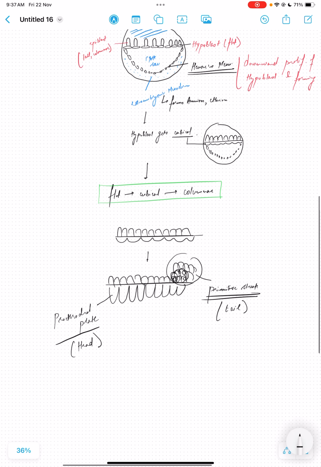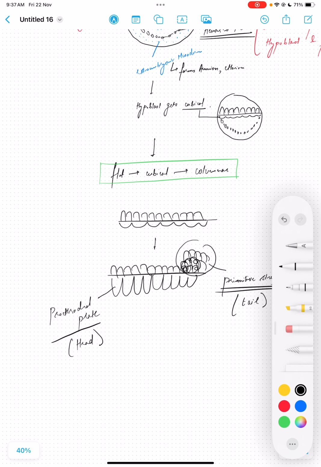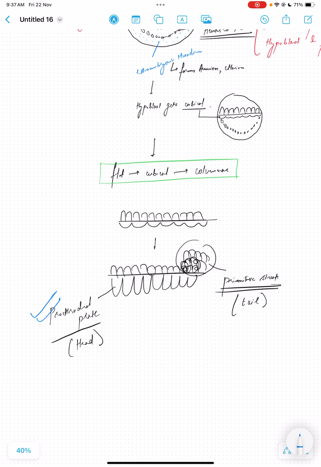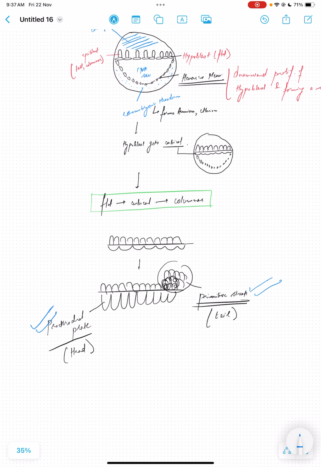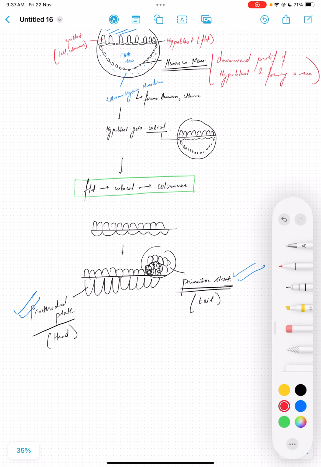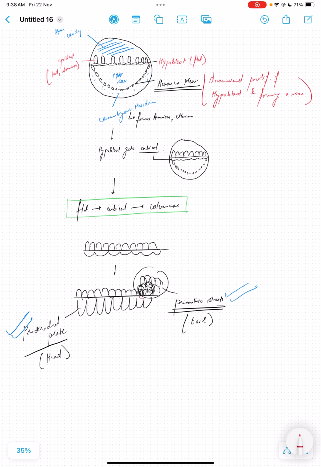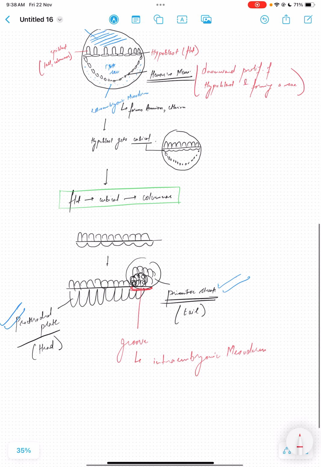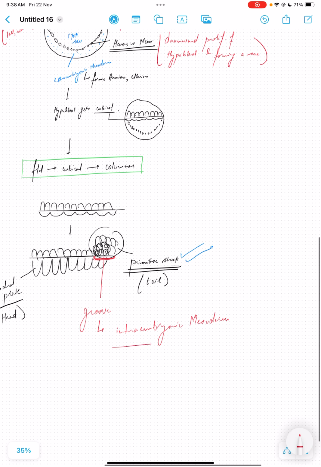Head is formed with the prochordal plate, and tail is formed with the primitive streak. And there will be the formation of a groove between epiblast and hypoblast. This groove is known as intra-embryonic mesoderm.